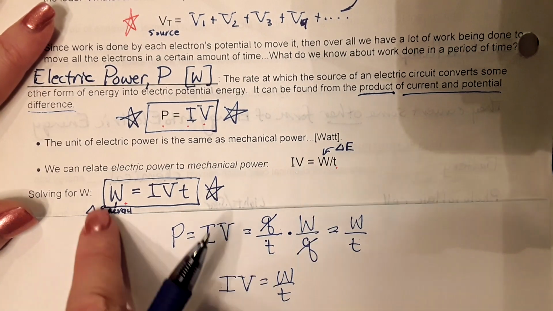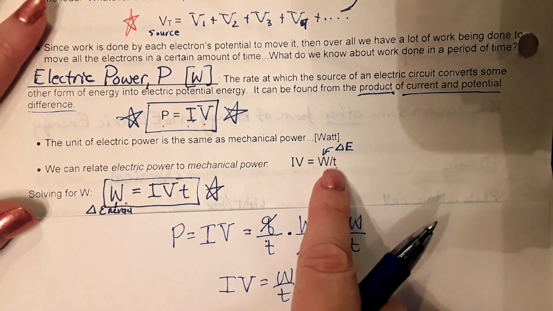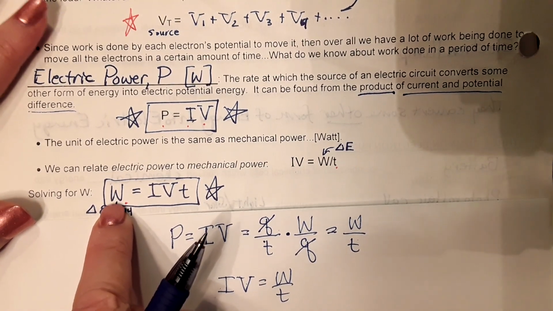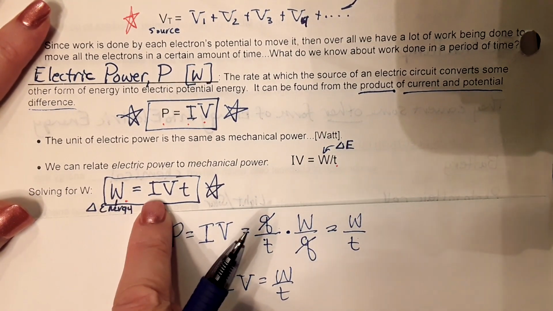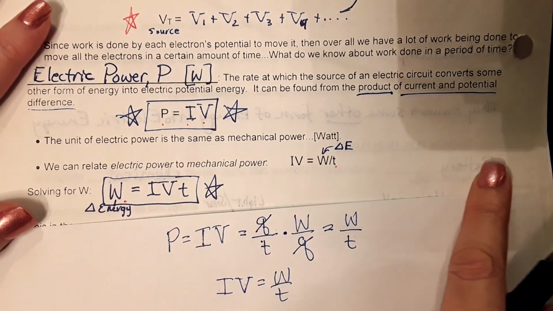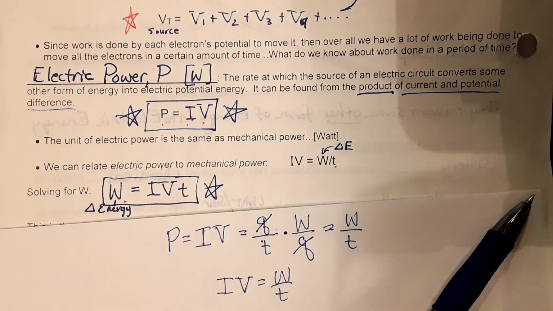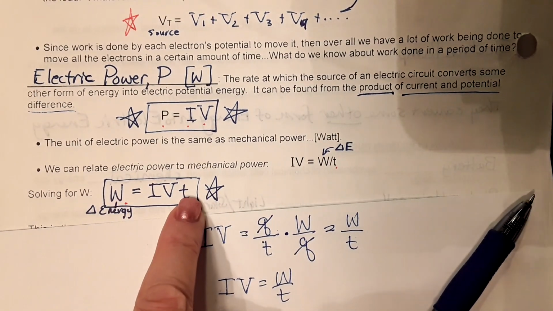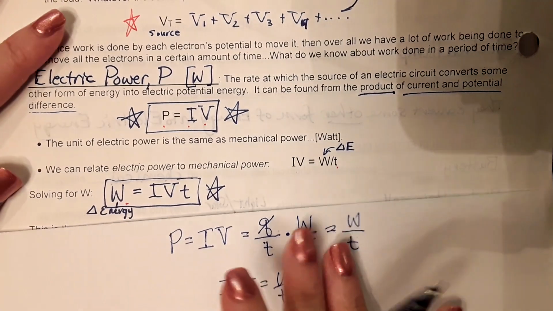So if we solve for the W by multiplying the T from the denominator to the other side, we get the energy converted by a device is the current times the potential difference times the time. So whenever you want to find the energy, you just have to get with it. Get it? Get with it. Ha ha. Yes, I know. Bad joke. Okay. So you've got PIV for the power and IVt for the energy converted, which I think is actually pretty cool.